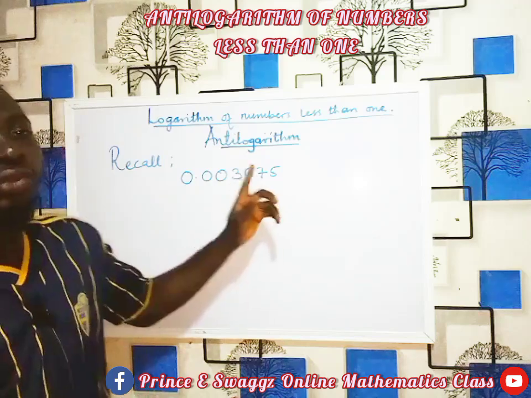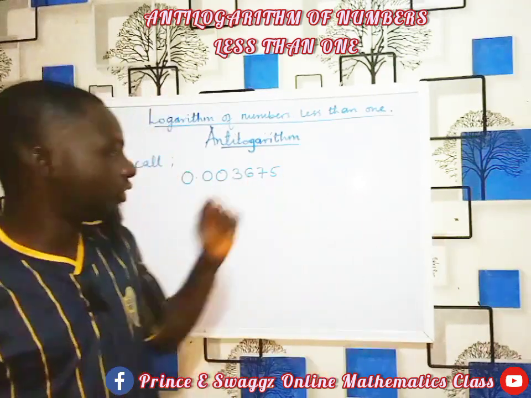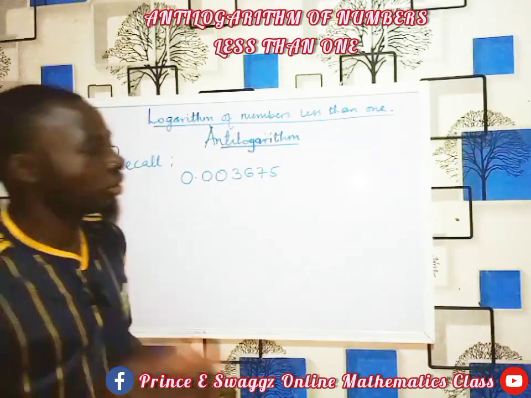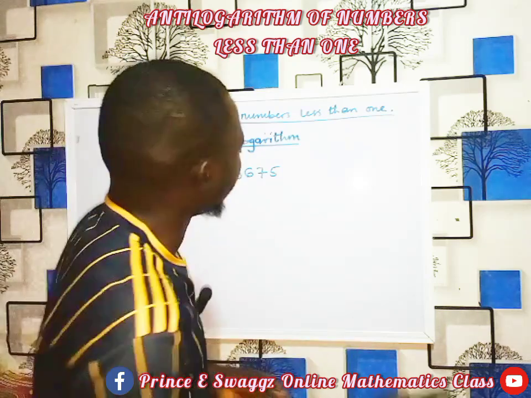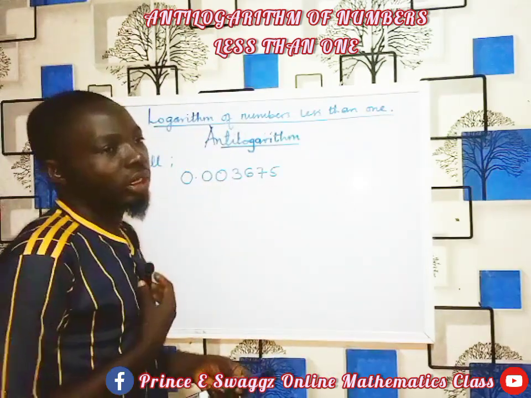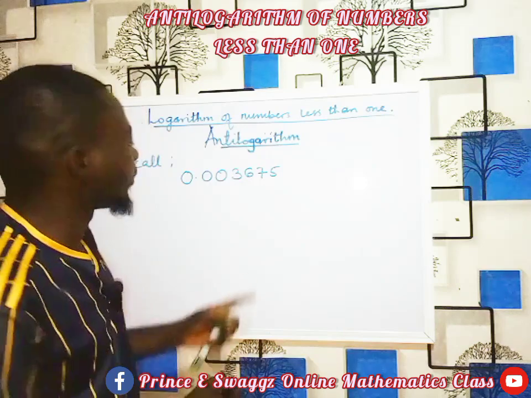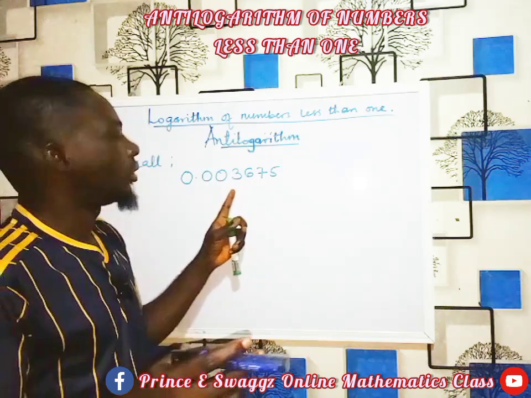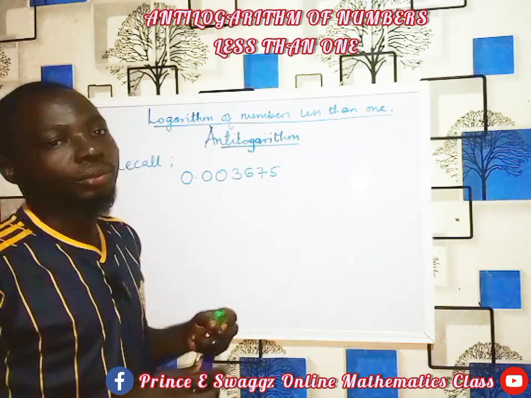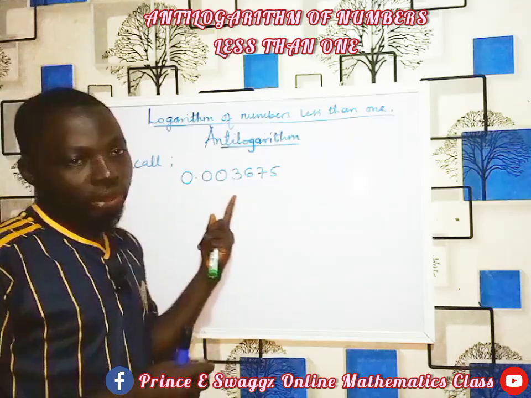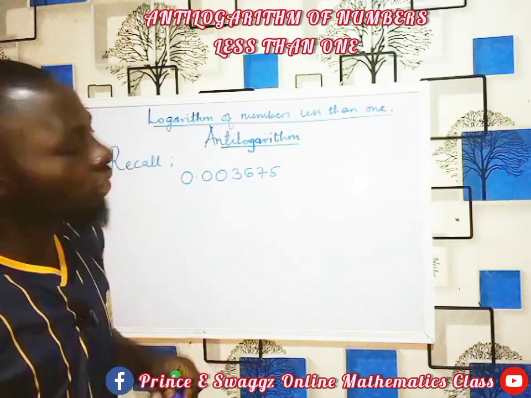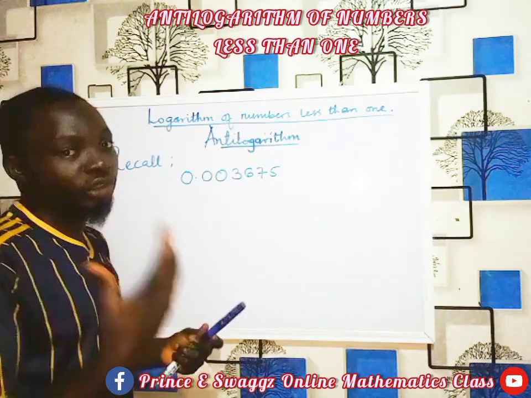Now, we want to find the logarithm of this. How do you find the logarithm of it? The first thing you need to do is to find the integer. Like I said in my previous video, if you want to find the integer of this number, you only count the number of zeros before the real number.